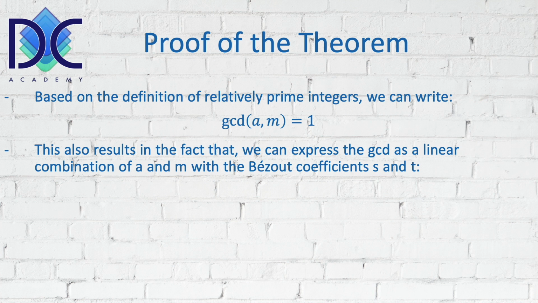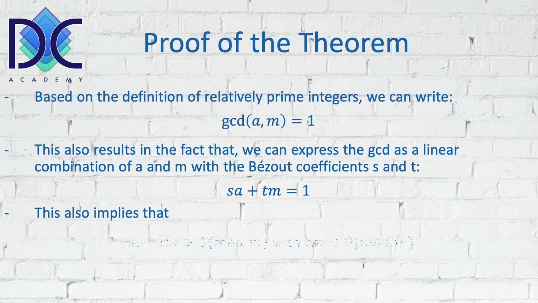This also means that we can express the GCD as a linear combination of a and m, with the Bézout coefficients s and t that we did before. So s times a plus t times m is equal to 1. This implies that sa + tm ≡ 1 (mod m), with tm ≡ 0 (mod m).